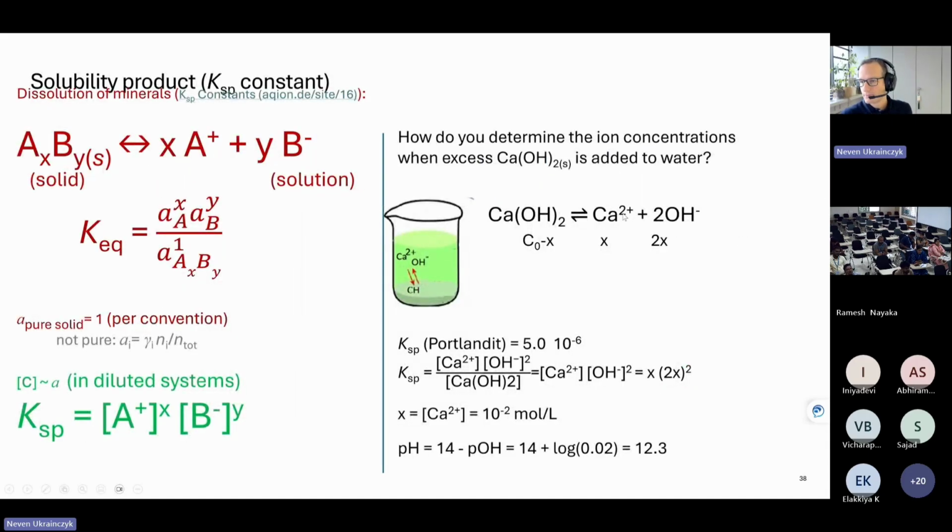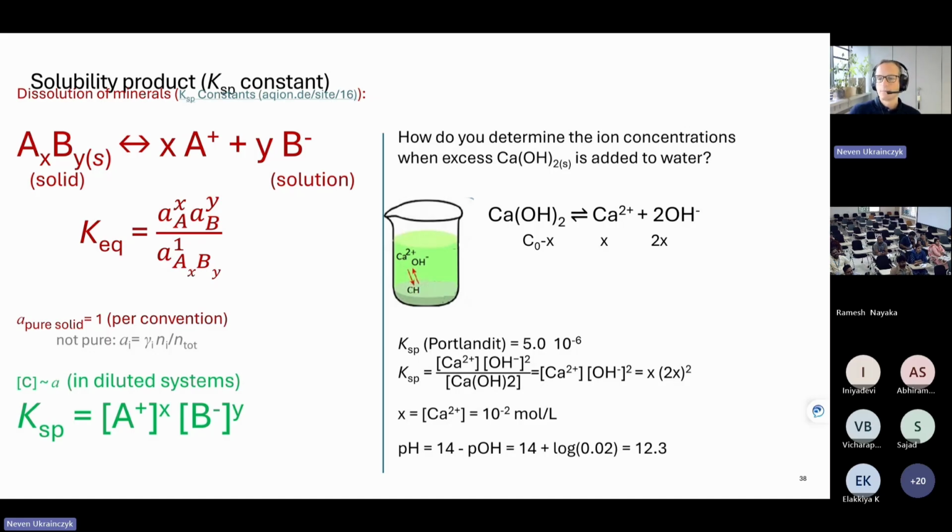The solubility product for calcium hydroxide is the concentration of calcium multiplied by the concentration of OH minus, but to the power of 2, because here we have the stoichiometric coefficient 2, so this should be the power of 2. So this is just mass balance. This is the law, it's called the law of mass action.